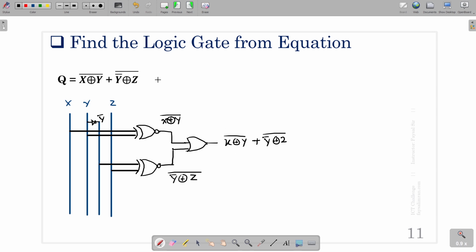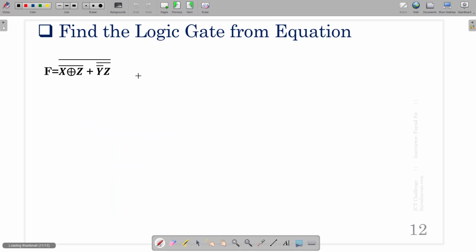So maybe you understand. Now we have to find this logic gate. Okay, here we have also x, y, z, and we also need just y bar. So here we have to draw 3 different lines for 3 different inputs.